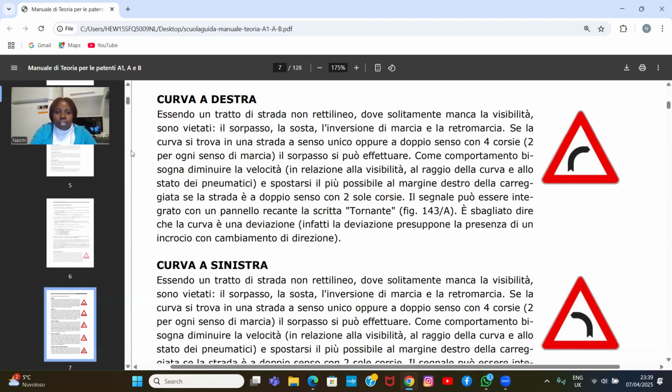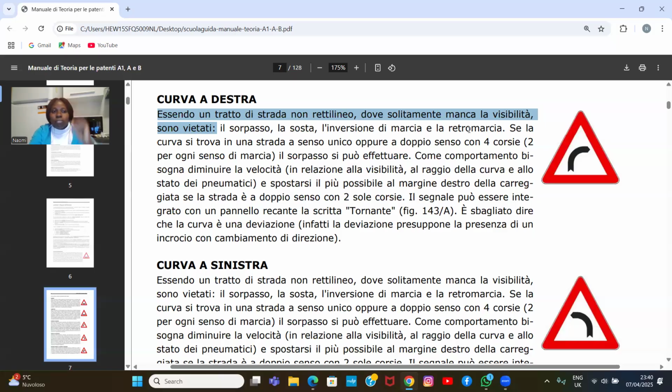Okay, let's proceed. It says, essendo un tratto di strada non rettilineo, dove manca la visibilità, sono vietate. So this first line simply tells us that being a road that is not straight, where you cannot see what is coming at the other end of the road, that is where it says manca la visibilità.